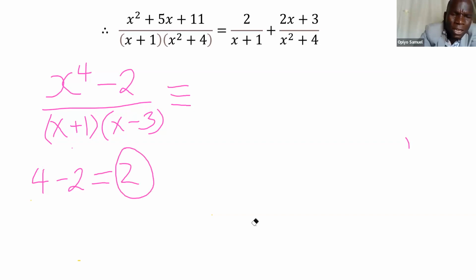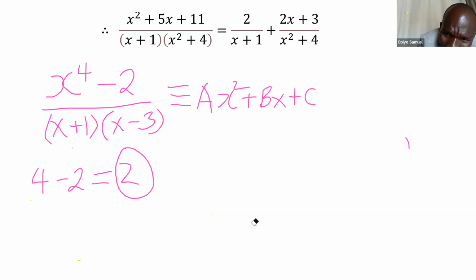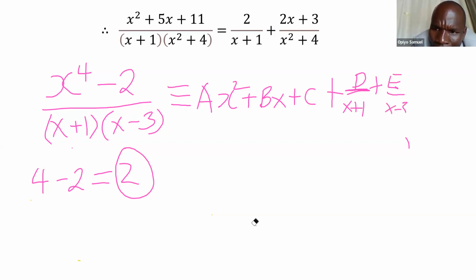Since it's a polynomial of degree 2, we shall have ax squared plus bx plus c. Then plus, you now express this one in partial fractions like we did earlier. Since all these factors are linear, we are going to have another constant d out of the first factor, which is x plus 1, over x plus 1, then the second one, e over x minus 3.